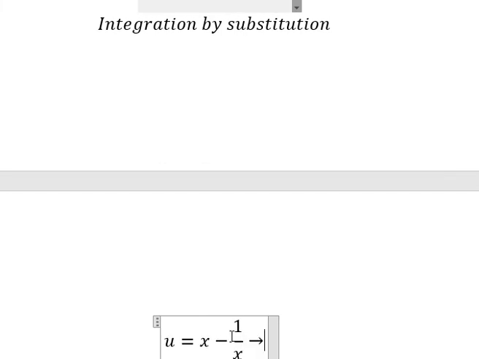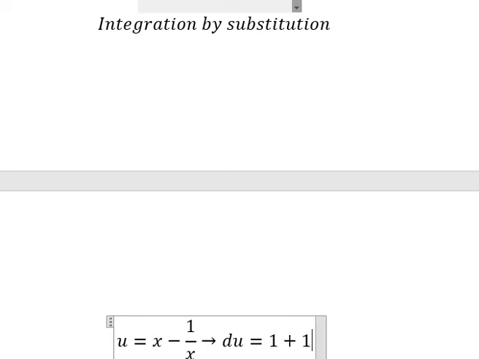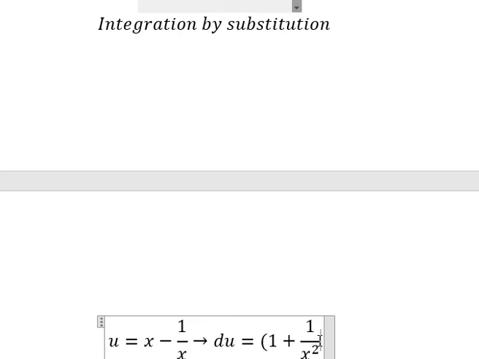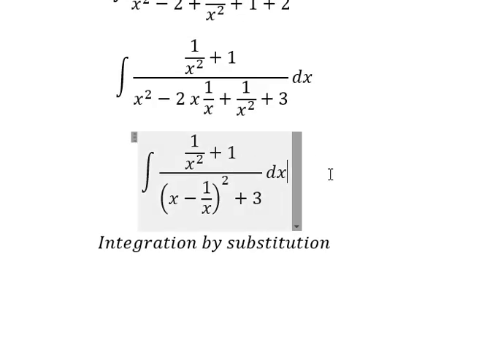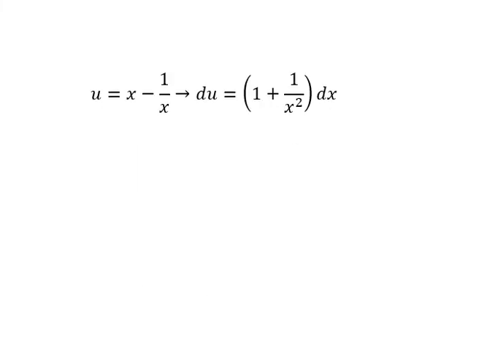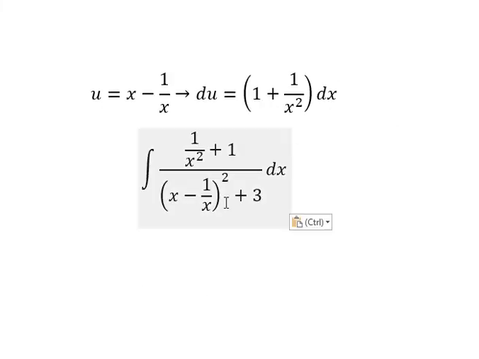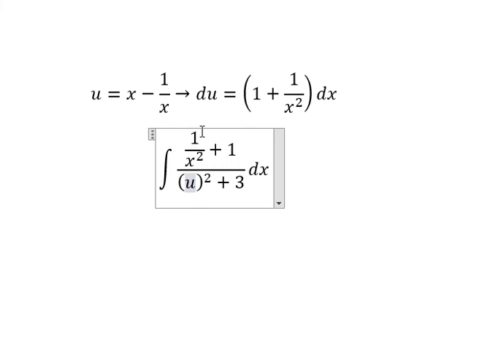So if we do first the derivative for the both sides, we have du equals to 1 plus 1 over s squared with ds. So this one we change by u. 1 over s squared plus 1 we change by du.